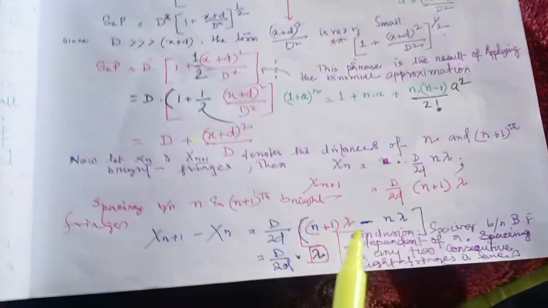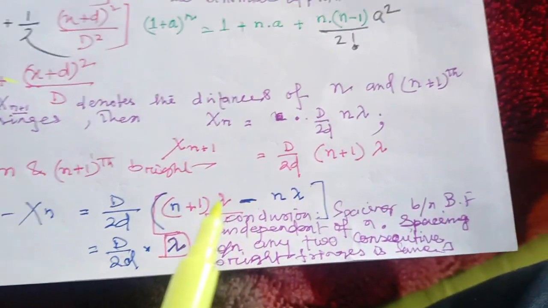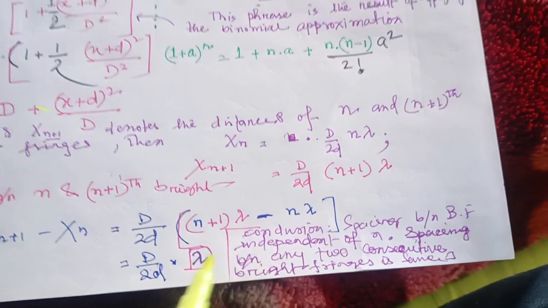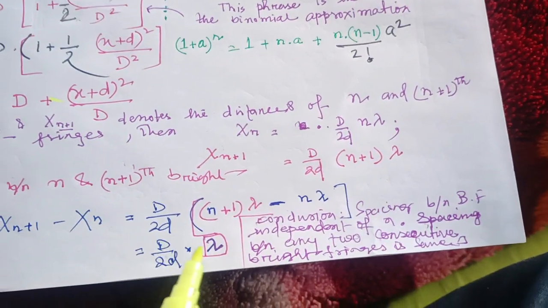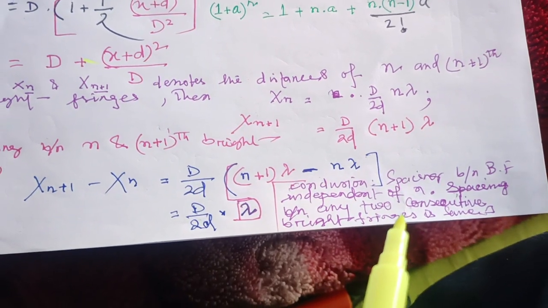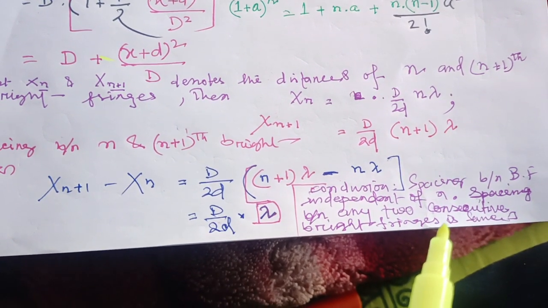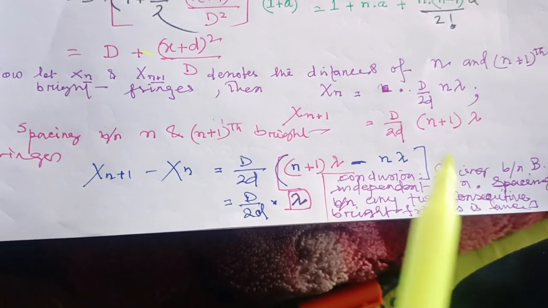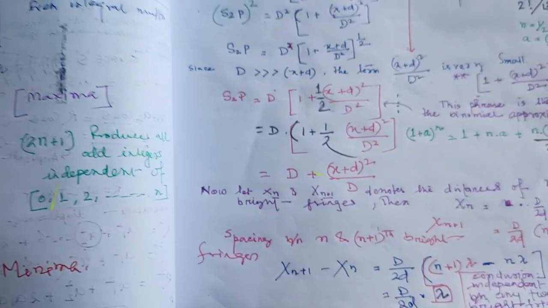And the conclusion you can make is that the spacing between bright fringes is independent of n, because you see in this term there is no n, and two consecutive bright fringes always have the same distance. So up to this, and I will do another video on the intensity and everything. Thank you.